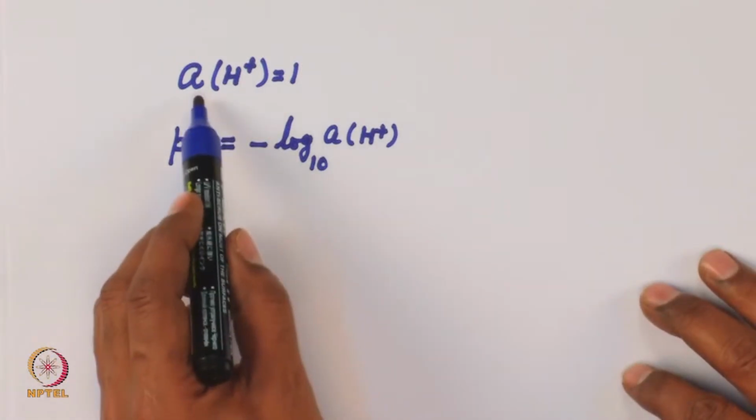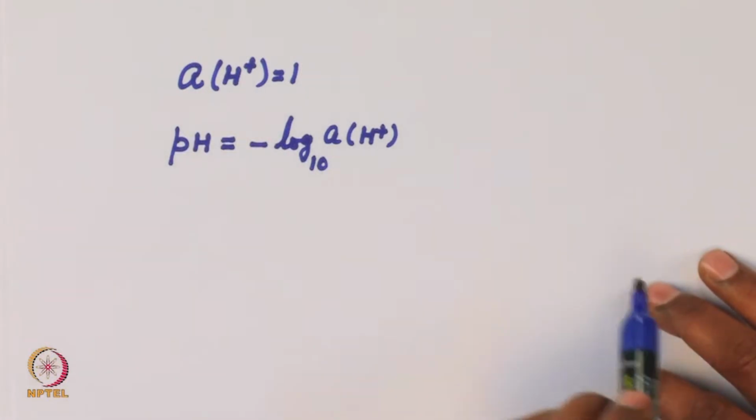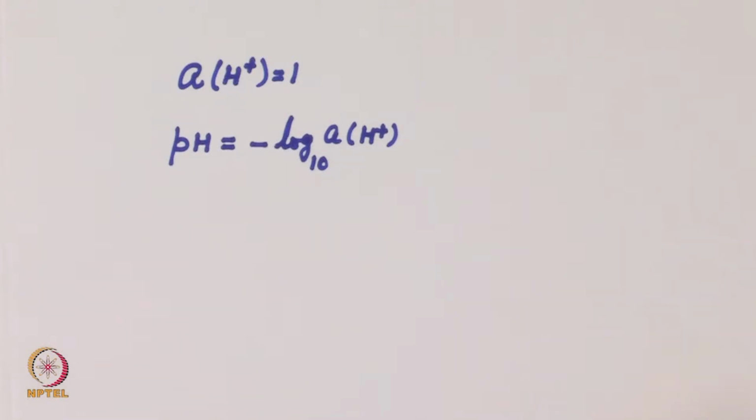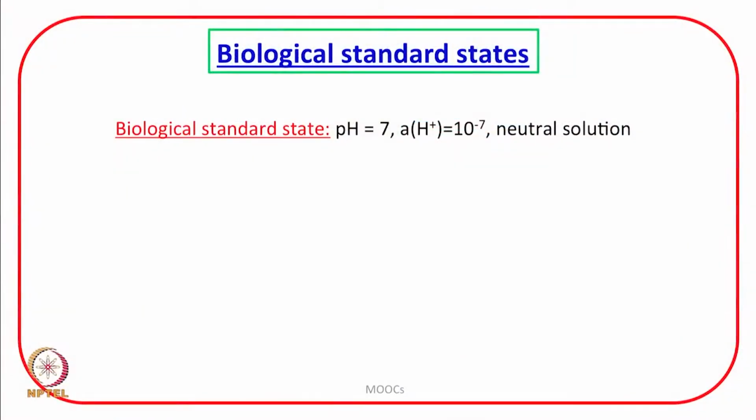Now, if we put activity of hydrogen ion here as 1, that means pH will become 0, and that does not make sense. So, therefore, biological standard state is defined in a different manner. Let us go to the slide. Biological standard state means pH of the solution should be 7. That means activity of hydrogen ion should be 10 raised to the power minus 7.